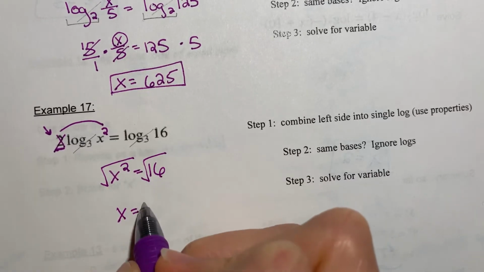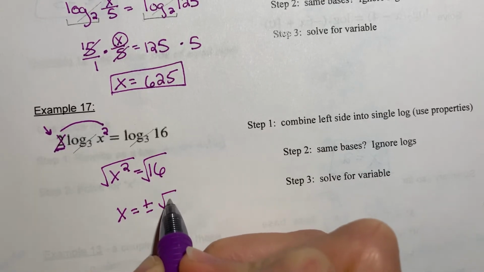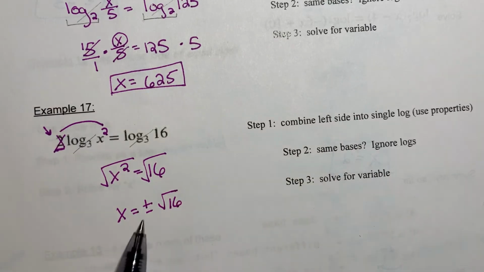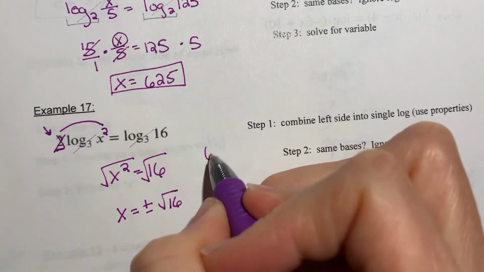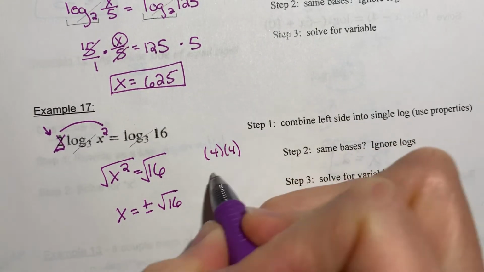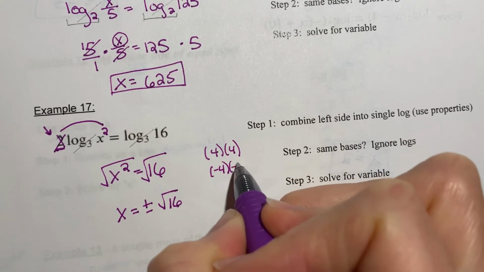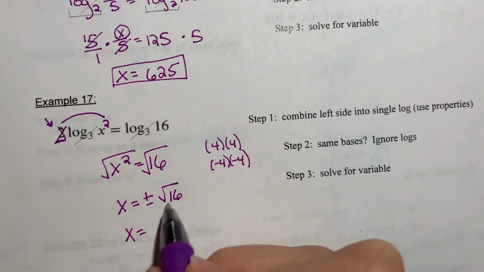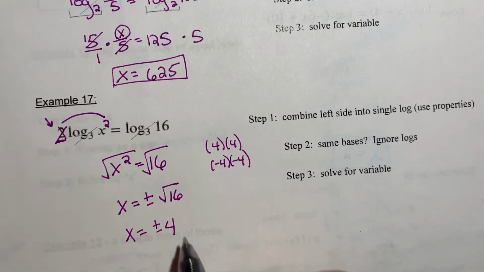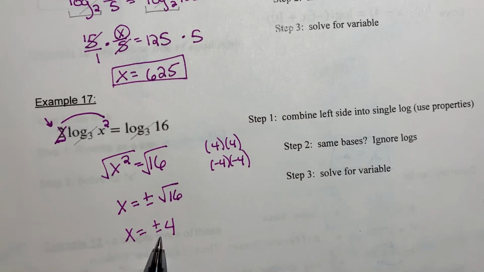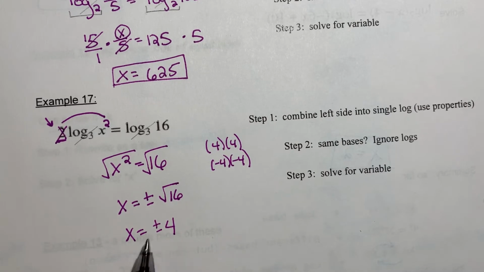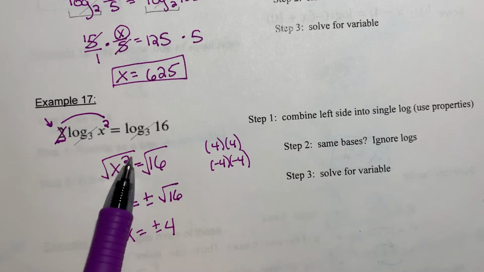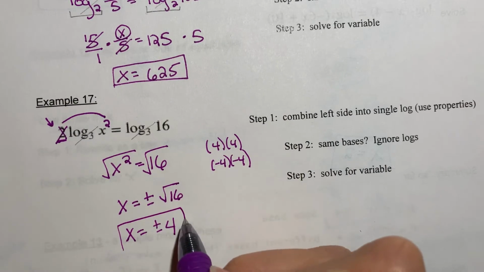When you square root both sides, you have to remember to add the plus or minus, because this 16 could have come from 4 times 4, or it could have come from -4 times -4. The square root of 16 is 4, so my answer is actually 2 answers, plus or minus 4. Most of the time when we're starting with an x squared, we're going to get 2 answers.